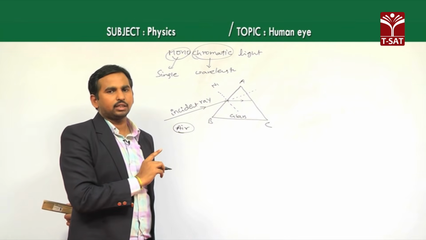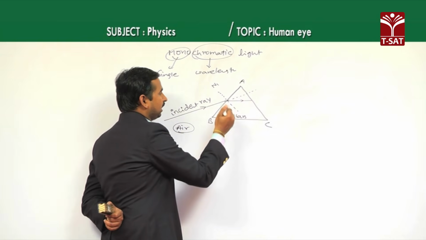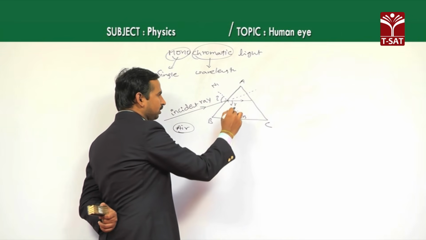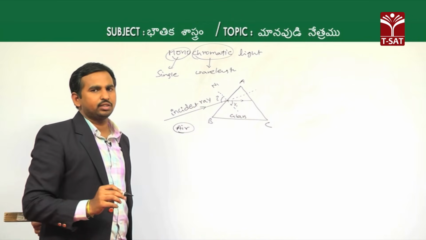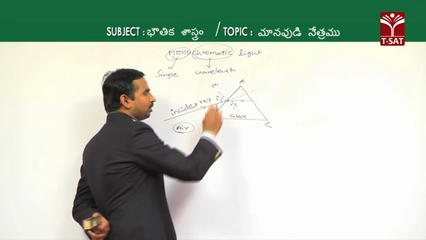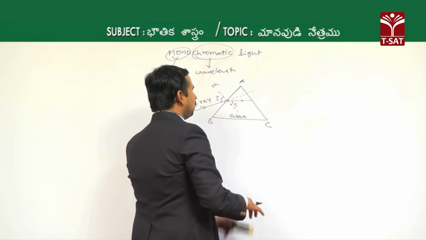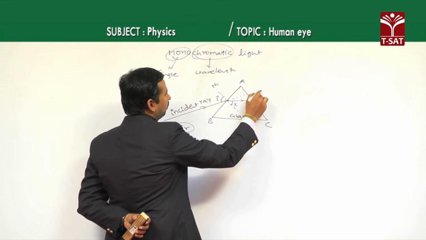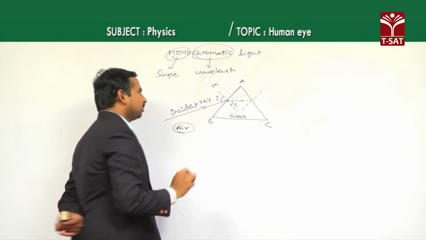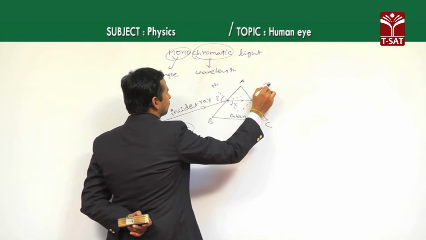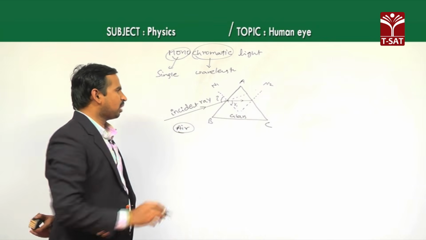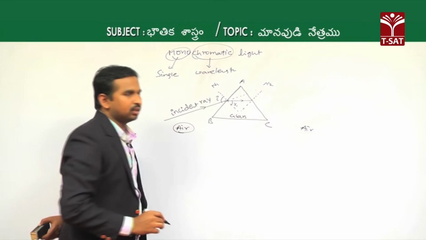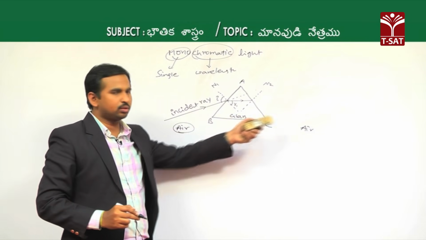Now, the refracted ray makes an angle; let the angle of incidence be I and the angle of refraction be R1. Now, the light ray is incident on the second surface, the AC surface, where we get another normal, N2. As the light ray comes from glass back to air, it bends away from the normal, because this is from denser to rarer medium.